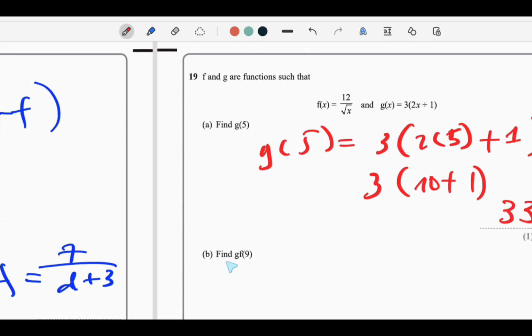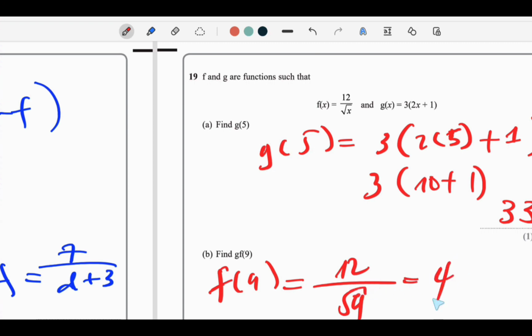Okay, find g of f of 9. So that means you should first of all find f of 9, then you plug it into g. So f of 9 will be 12 over root 9, and root 9 is 3, so the answer will be 4.